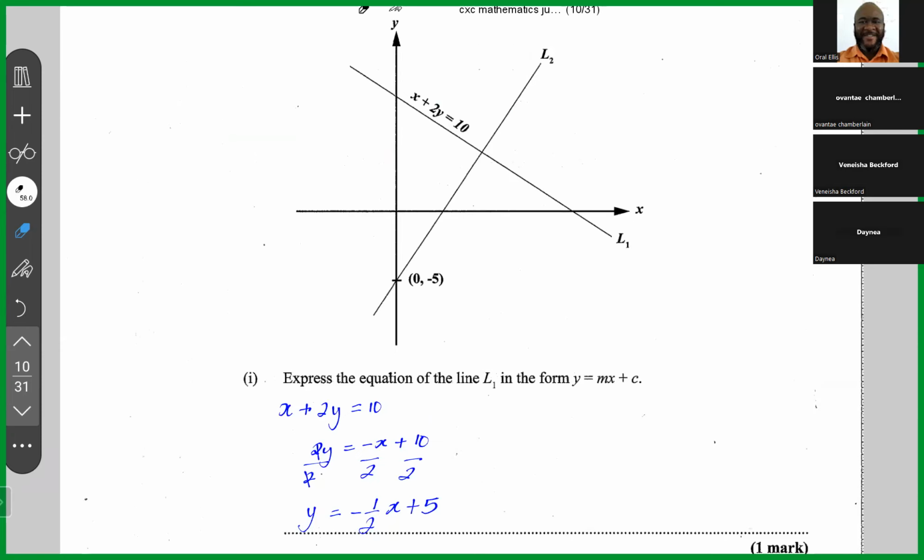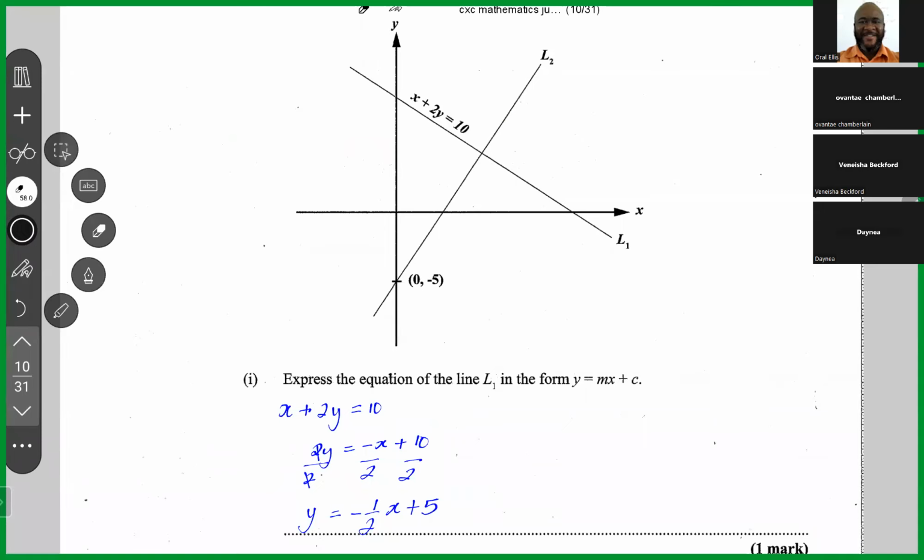If you look carefully, you'll see that the line L2 cuts the y-axis at (0, minus 5), which is minus 5 on the y-axis. This is C for line 2.